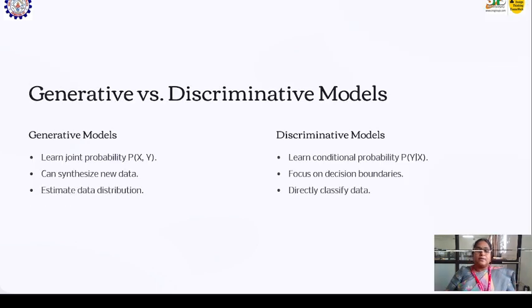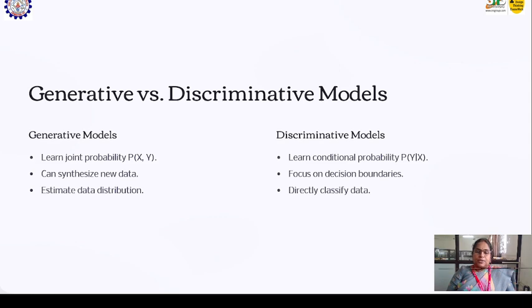Generative versus discriminative model. What is the generative model? The generative model learns the joint probability, which means P of x comma y, where x is dependent on y and y is dependent on x. Whereas the discriminative model learns using the conditional probability, which means P of y given x.